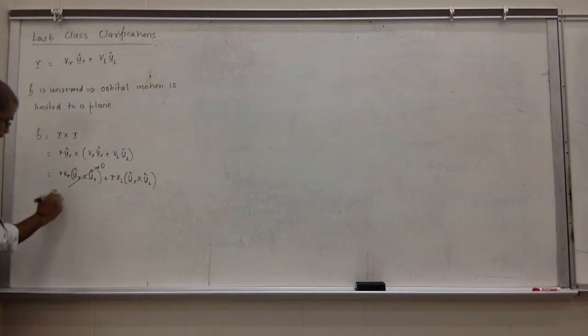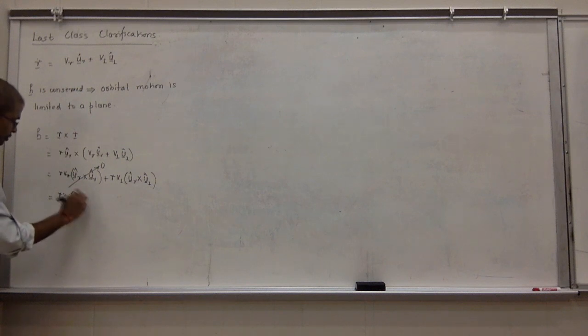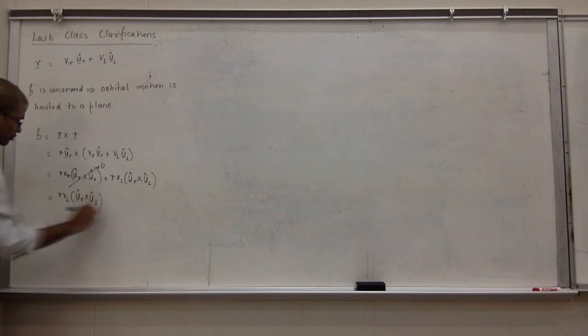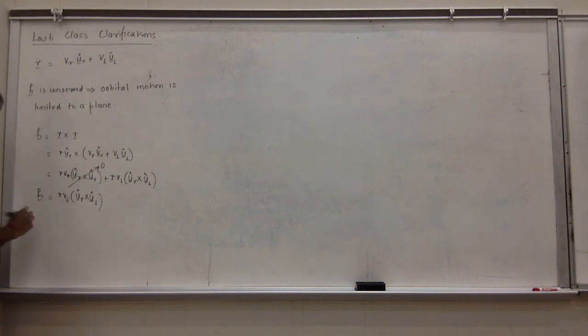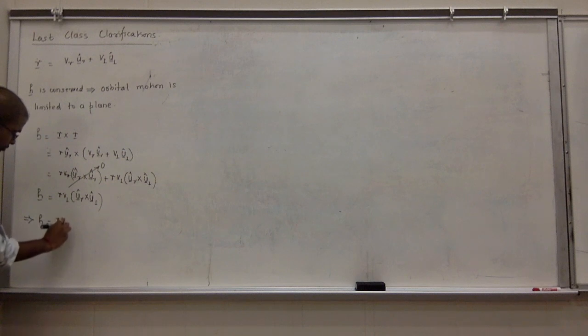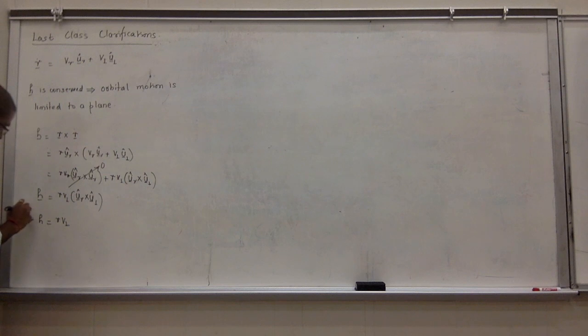So this is essentially R V perpendicular, which implies the scalar H is equal to R V perpendicular. I gave you this expression last class, but I did not tell you how we got that.